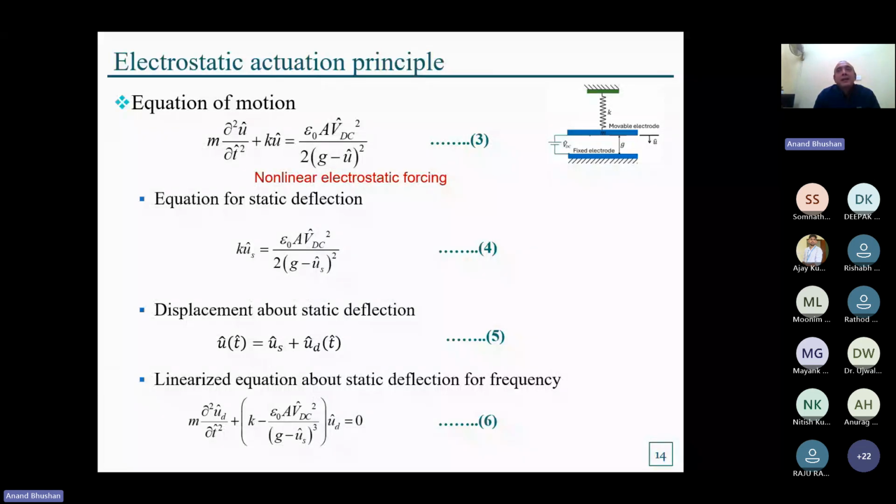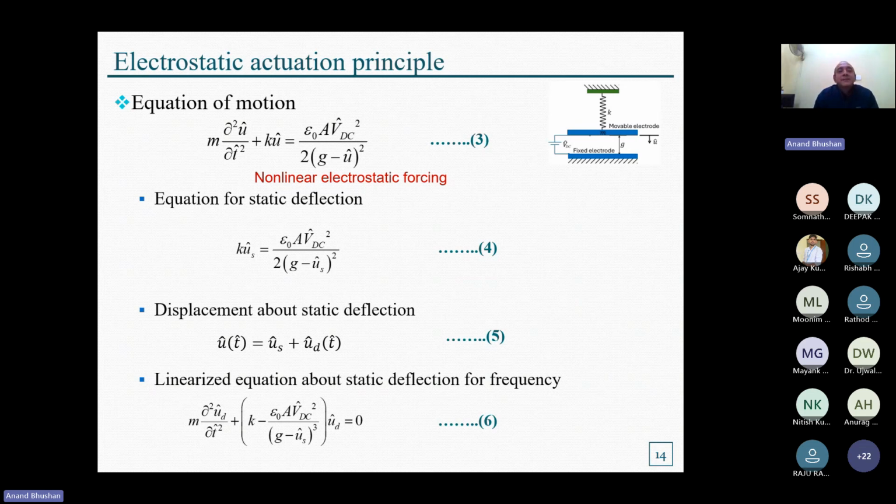In this whole lecture, we particularly focus on two types of characteristics: one is the static characteristic, and the other is the resonance frequency characteristic. Static characteristic means that when we apply DC voltage, what deflection of the mobile electrode is going to happen.